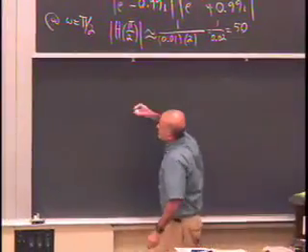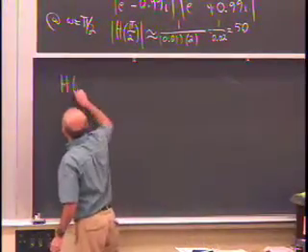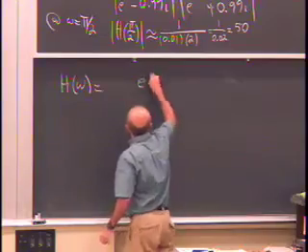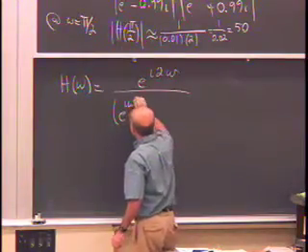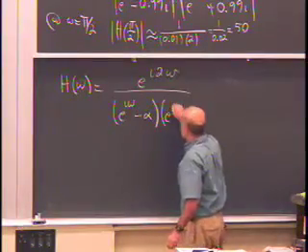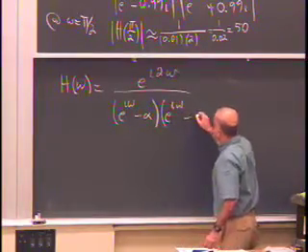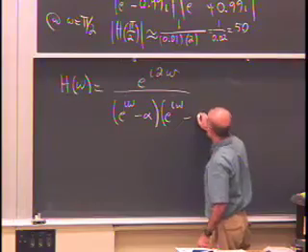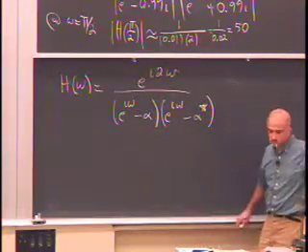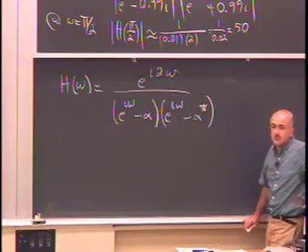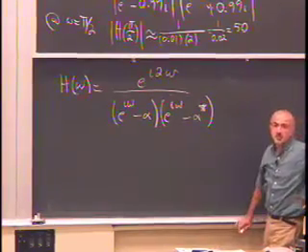Actually, we're prepared to write this as H of omega is e to the i 2 omega over (e to the i omega minus alpha) and (e to the i omega minus alpha star). Right? That's essentially what that filter is. And you pick your alpha.